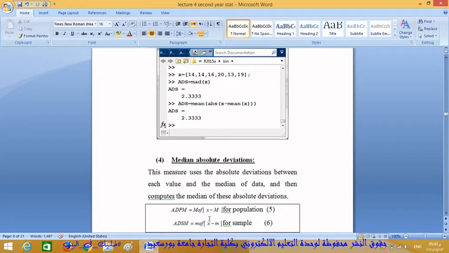So we have to get the median of the differences between each value and the median of the data set for a population, and the median of the absolute values of the differences between x and the median of x for a sample.